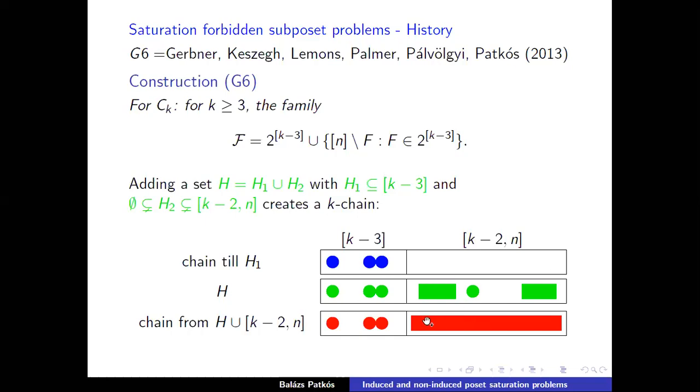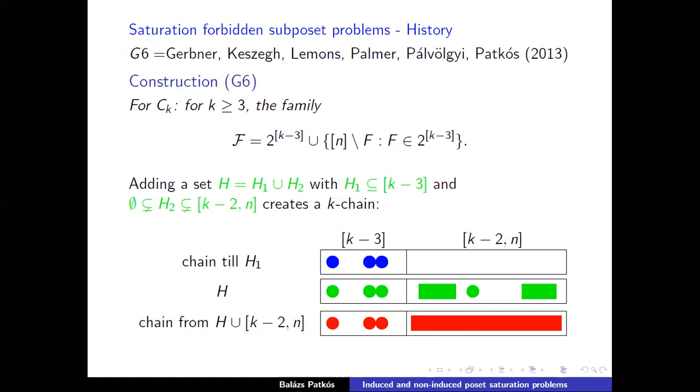This is part of my family, so I can do that. And from then on, I just take a maximal chain until the whole underlying set. If you count, that is going to be a chain of length k. So this is how one can show that the addition of any new set would create a k chain in this construction.